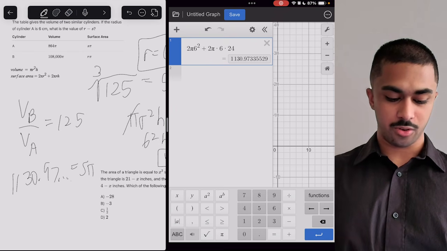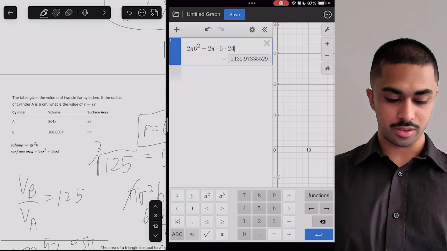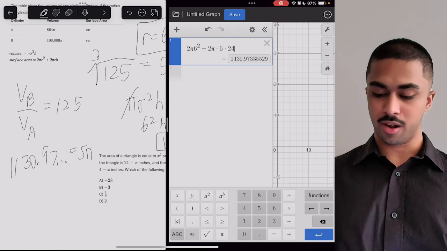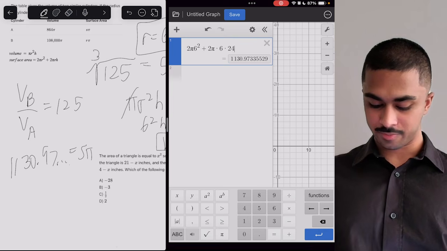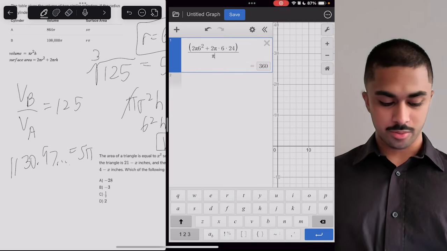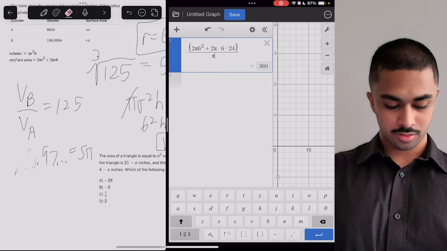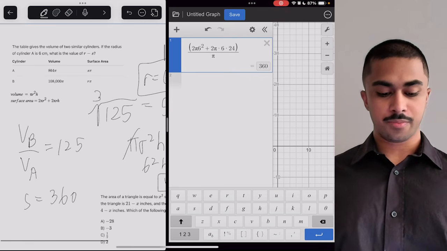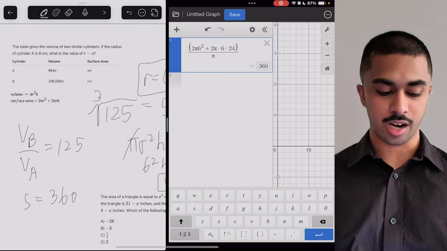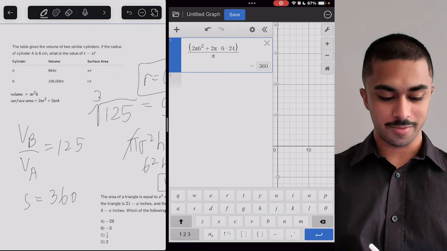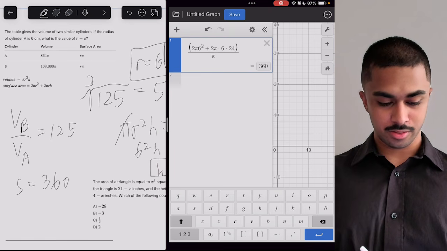So in order to find out what s is alone, because we want r minus s, we have to divide both sides by pi. Basically, we have to take this entire thing and just divide by pi. Okay, S equals 360. Perfect.